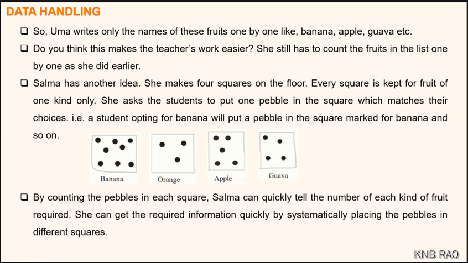By counting the pebbles in each square box, Salma can quickly tell the number of each kind of fruit required. She can get the required information quickly by systematically placing the pebbles in different squares. Now, this is going to be a better way of organizing the data.